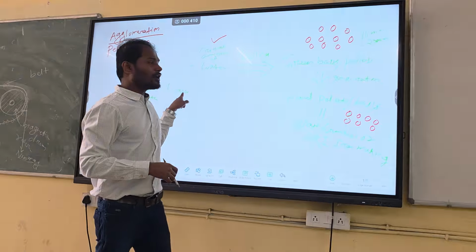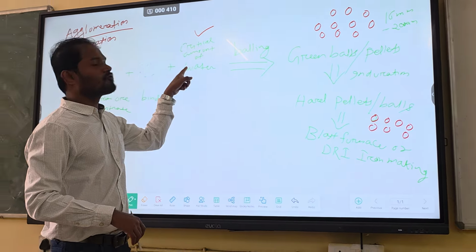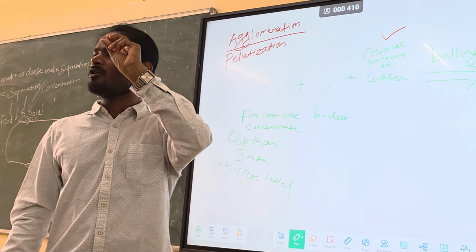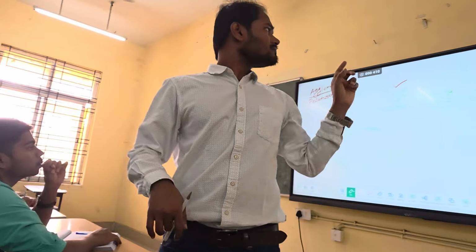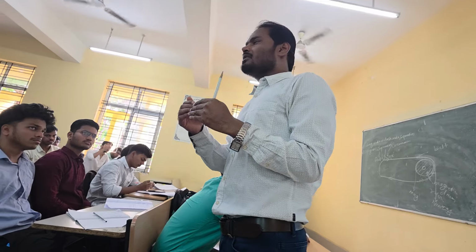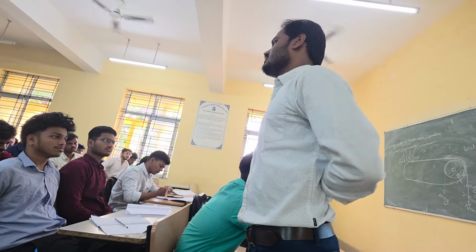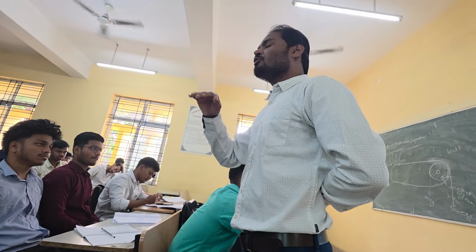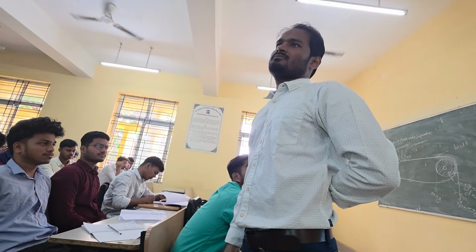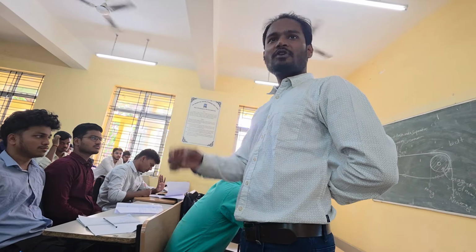See, binder is required to make green balls, but you also need water. If these are solids, you cannot make a ball out of it. So now the question is, what is the critical amount of water? Critical amount of water means you cannot take excess water or very little water to make balls. That is why it is called critical.